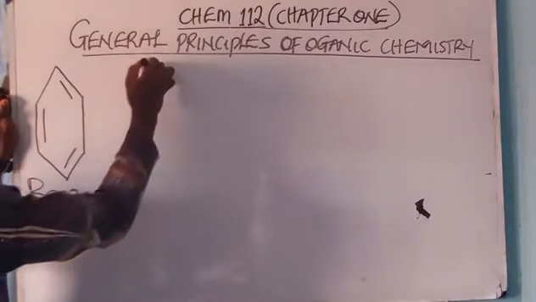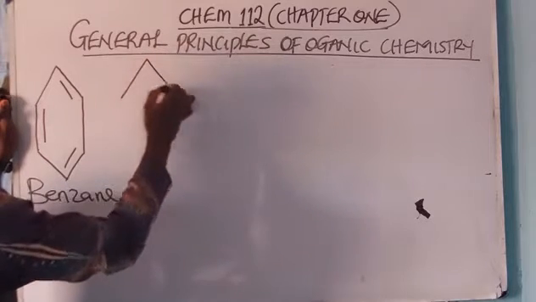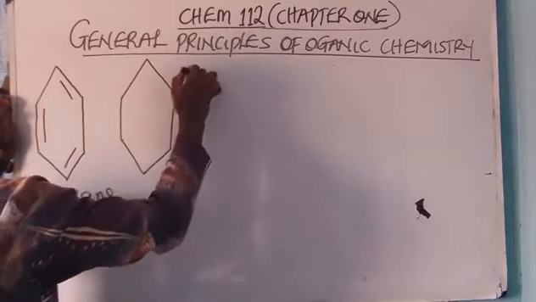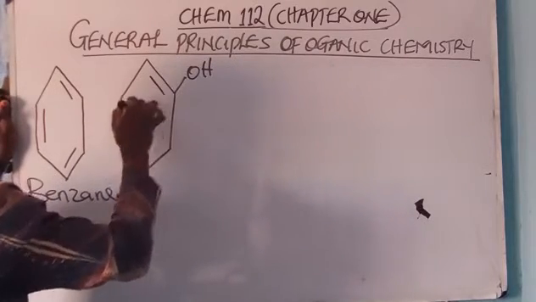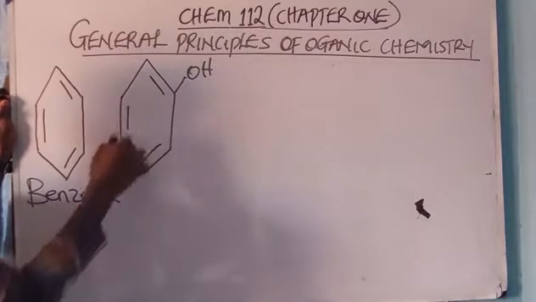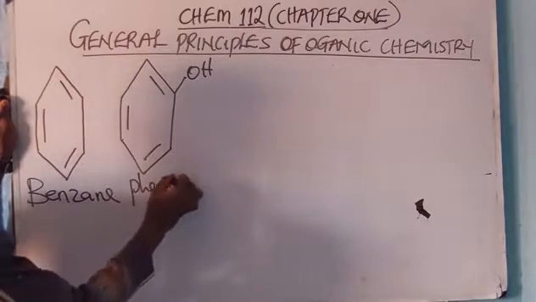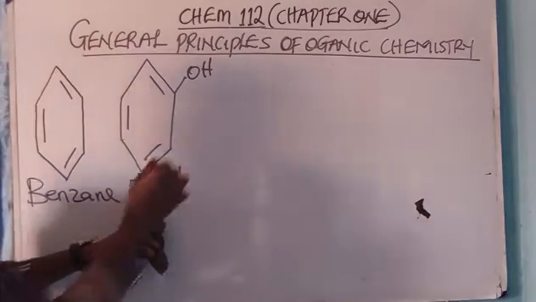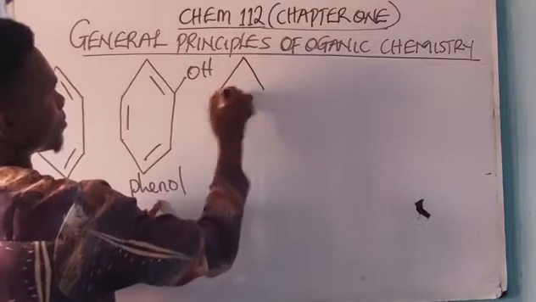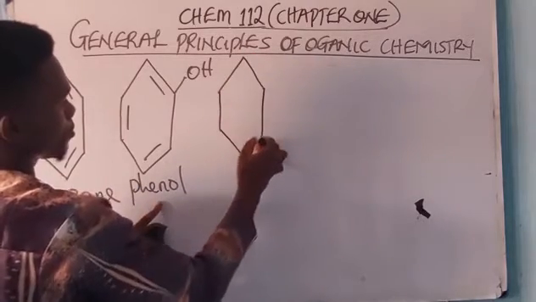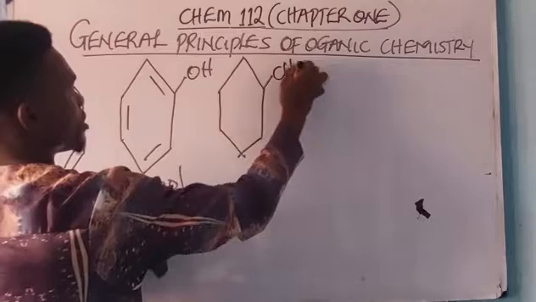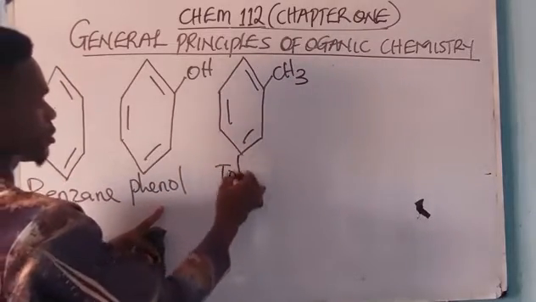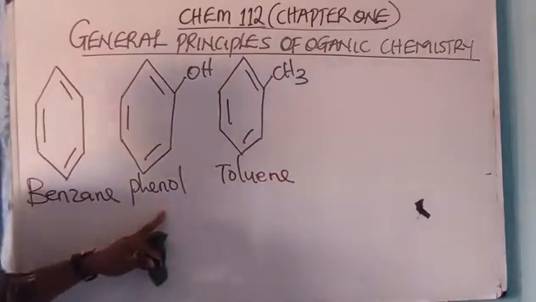Other compounds can also form benzene ring aromatic compounds. This one, I have OH attached to it. When OH is attached to a benzene ring, it is called a phenol. If I have a methyl group attached to a benzene ring, it's called toluene.